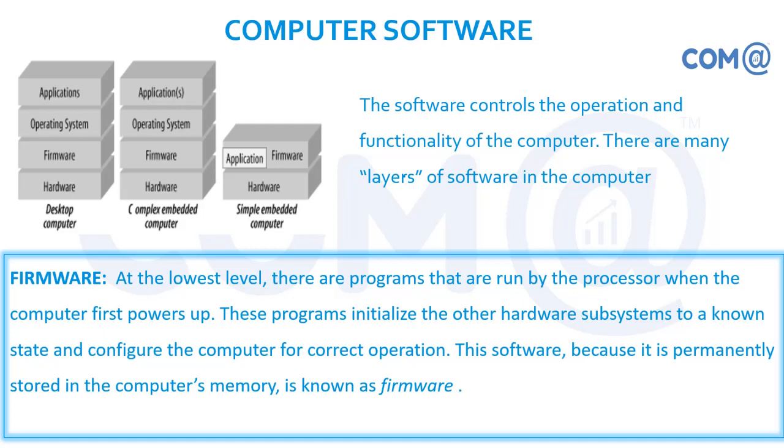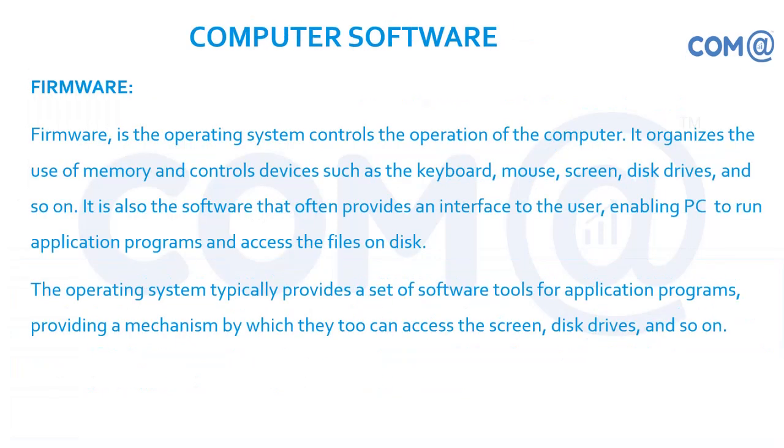The lowest version will be firmware, which is mentioned in the picture. So firmware is nothing but a kind of software, but it is available for ready reference in the booting time. So whenever a system is booting up, it will refer to this particular firmware and understand the number of devices available and what is required to proceed as a next step during the booting time.